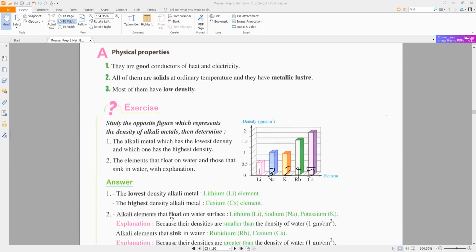So the 1A group, the alkali metals, have these physical properties.